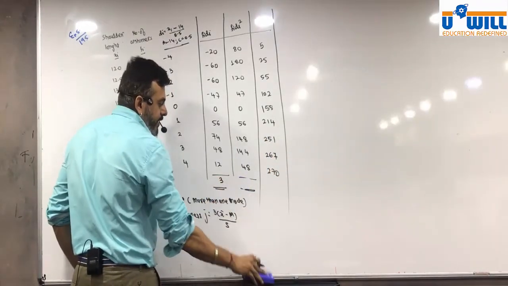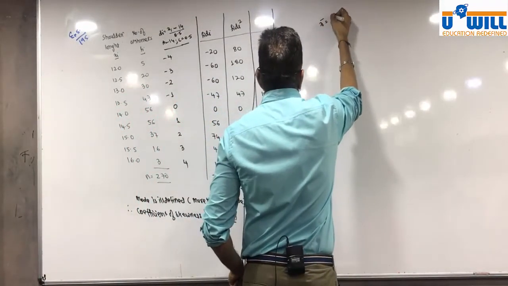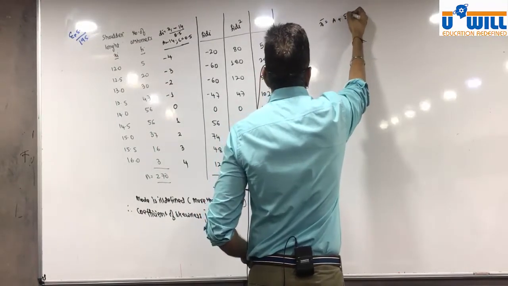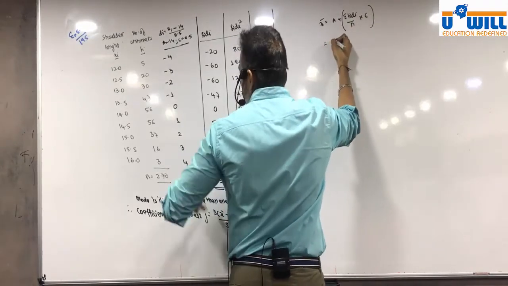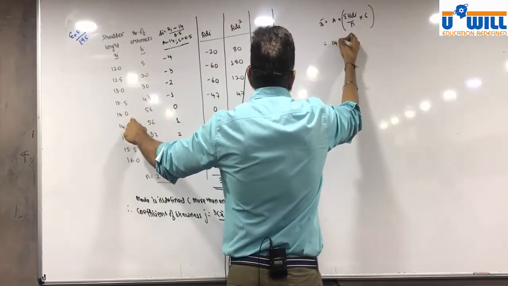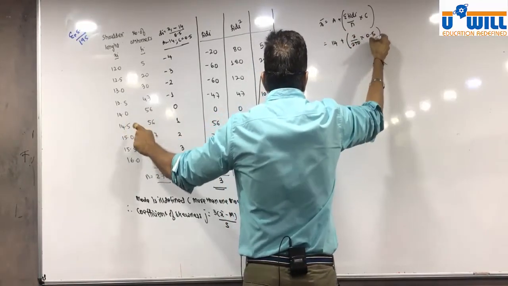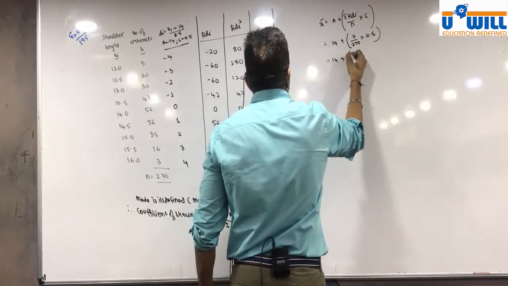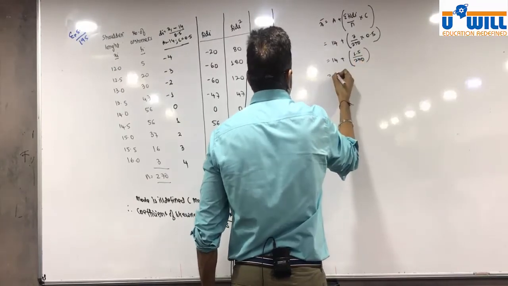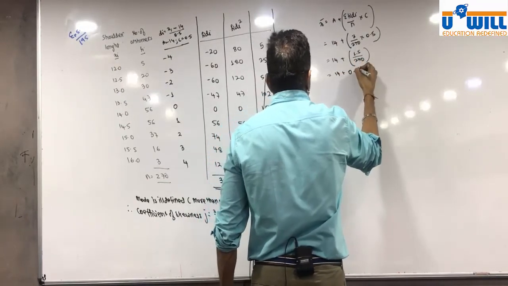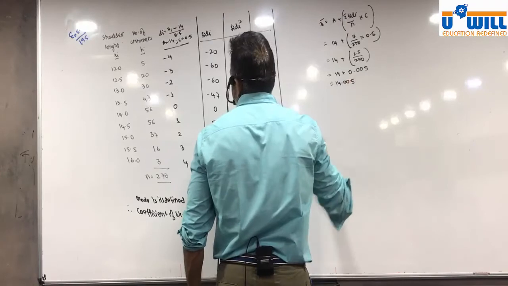Three. 823. Okay. First we find out the mean. Mean is equal to a plus sigma fi di upon n, now into c. So which is equal to, what did we assume, 14 plus 3 upon 270 into c, which is 0.5. 14 plus, absolutely a fraction, 0.005, which is equal to 14.005.